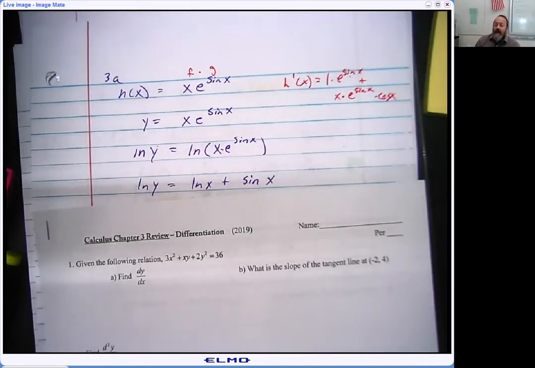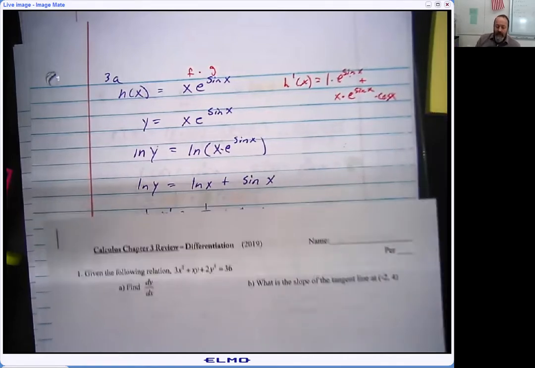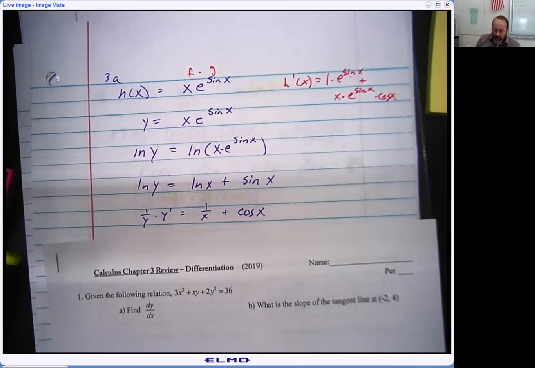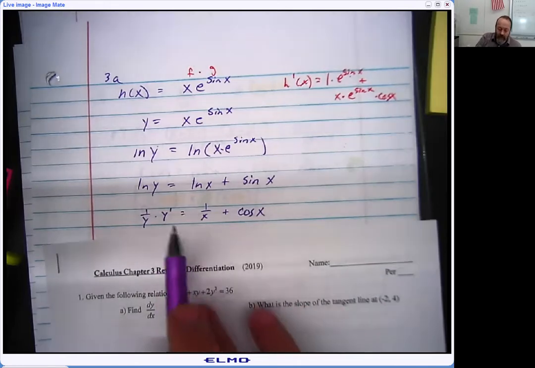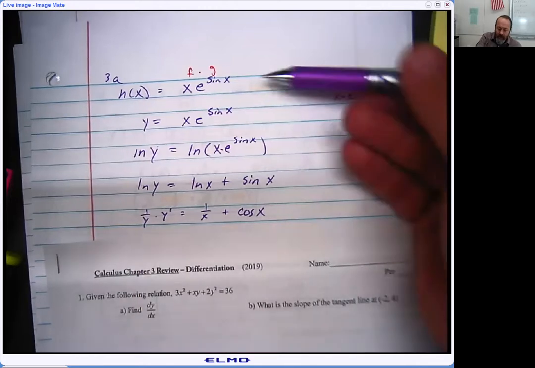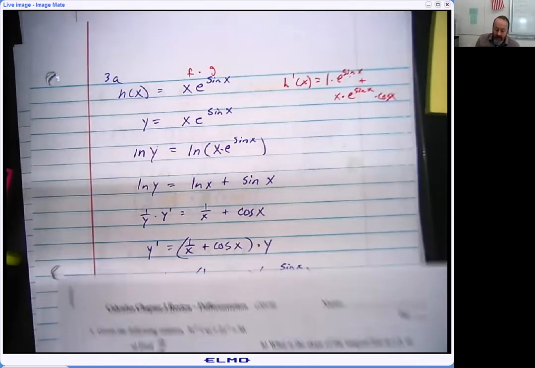So using logarithmic differentiation, we could have done product rule, and that's fine. I think I did it in fact over here, but 1 over y times y prime. And so the only thing that we would have to do in this problem is multiply both sides by y, which is the original problem, and we have our solution.